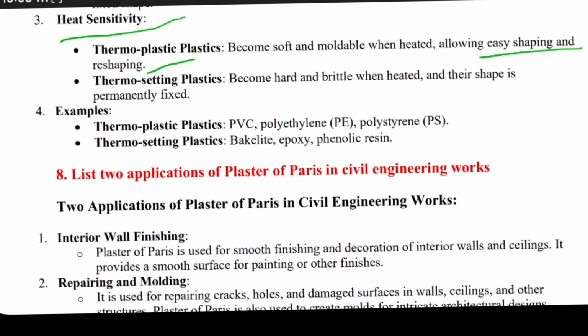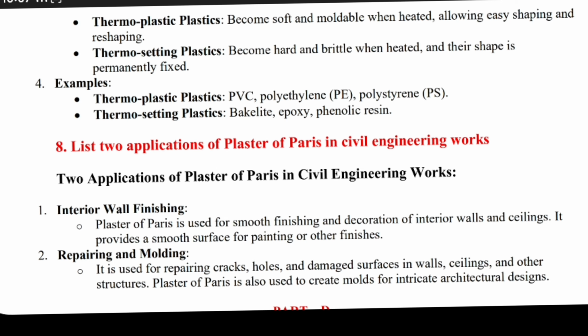But thermosetting plastic is hard and brittle. When you heat it, the shape is permanently fixed. Examples: thermoplastic materials are PVC, polyethylene (PE), and polystyrene. Thermosetting plastics are Bakelite, epoxy, and phenolic resins.